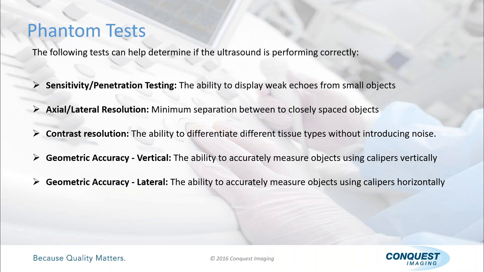So you can measure them using a caliper measurement on your ultrasound and make sure your calipers are measuring accurately, because all your calculations are based on the caliper measurements. So if your calipers are off, your calculations will all be off. They have them both horizontally and vertically throughout the phantom, so you have the ability to check vertical and horizontal accuracy of your calipers.